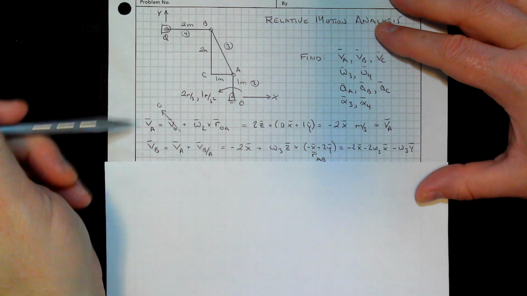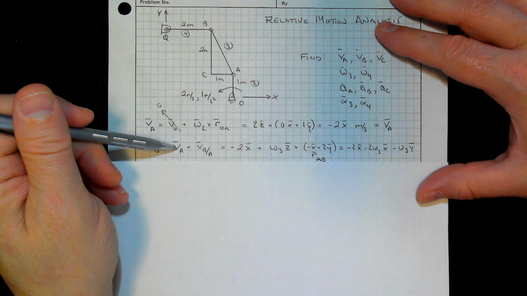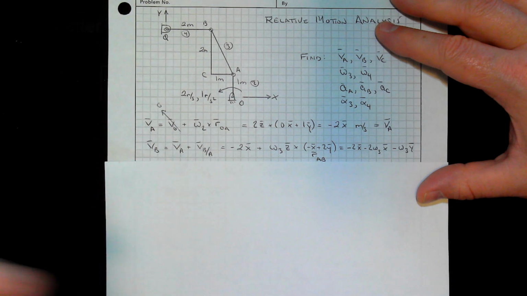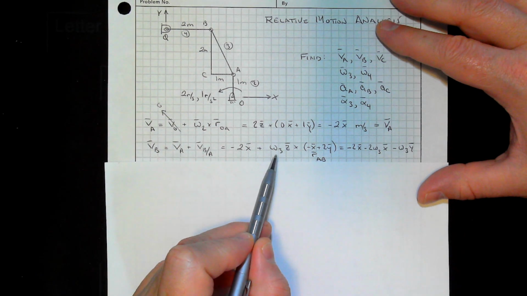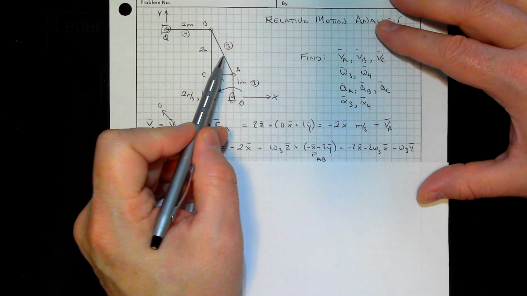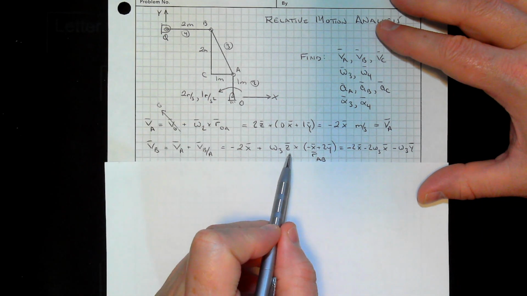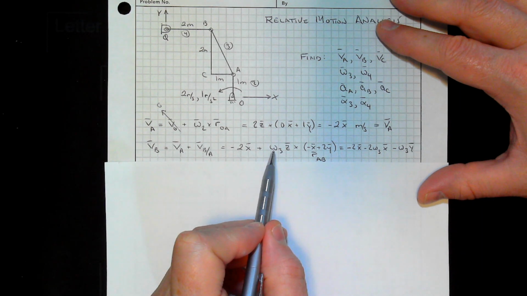So given A, we want to get B: velocity of A plus velocity of B relative to A. A is at minus 2x plus omega 3, so this will be whatever the angular velocity is of this. You'll notice I'll just write it as a positive variable. So the idea is I'm assuming this is going counterclockwise.